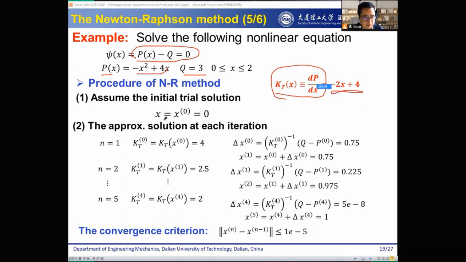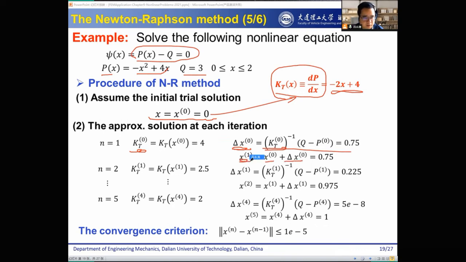Again, we assume an initial trial solution. Then from here we get k0, and from k0, using the Taylor series, we can get the correction quantity. Then using the correction quantity on the initial value, we get x1.